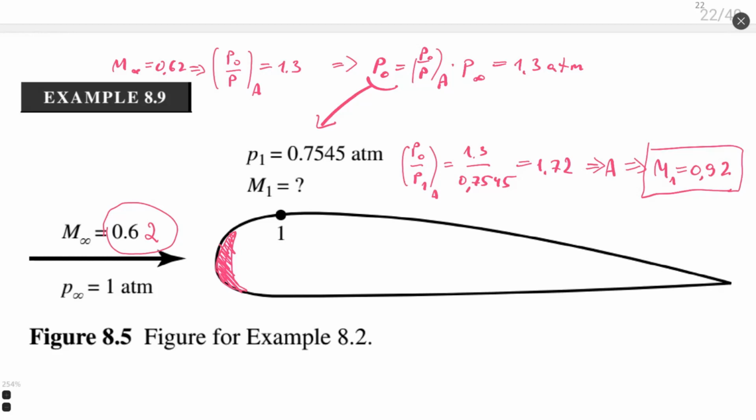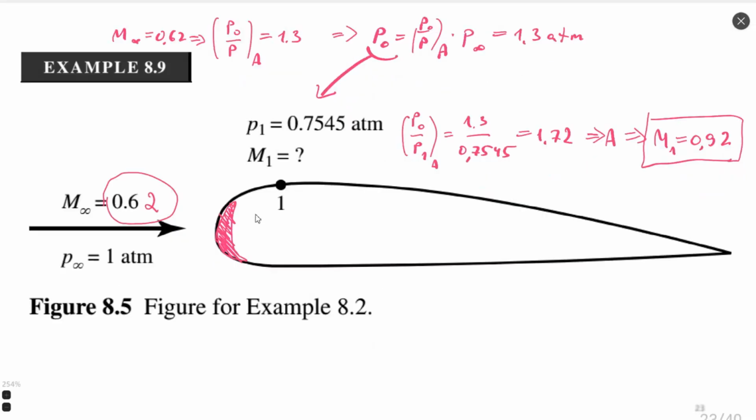In this case, we can receive smaller Mach number than M infinite. In all other regions, it should be bigger than M infinite. It also depends a lot on geometry, and probably angle of attack. But in general, these are the specific things that you have to take care of in this calculation.